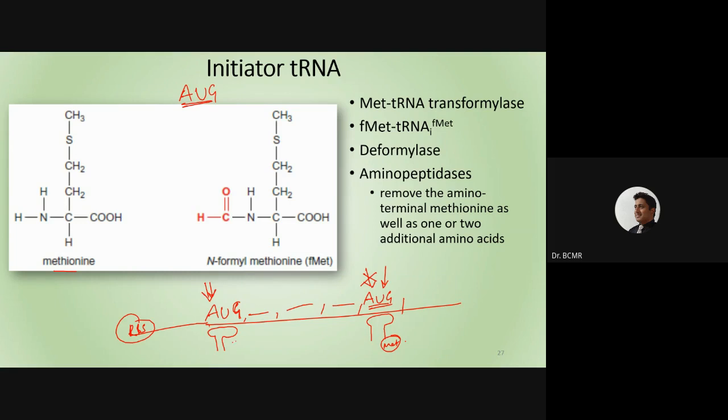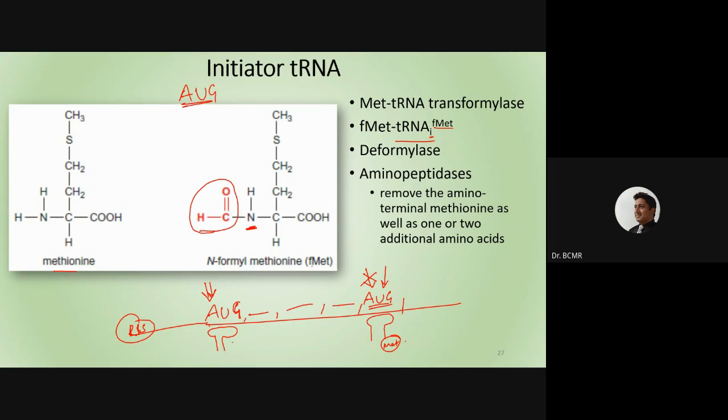That is called tRNA-I, for initiator tRNA, and it is charged with N-formyl methionine. What is N-formyl methionine? On the amino group, you have an aldehyde like this, or CHO. Sorry, that's the formyl group on the amino group of methionine.